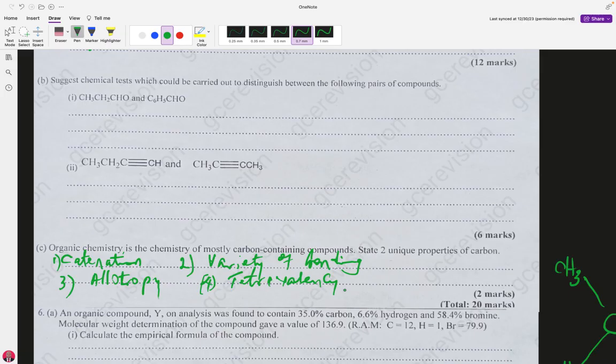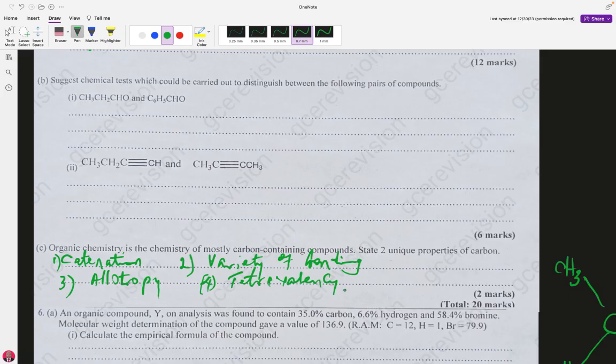Carbon has 4 valence electrons in its atom shell that enable it to form 4 covalent bonds with other atoms. Now, you can choose 2 from the 4 that I've given.